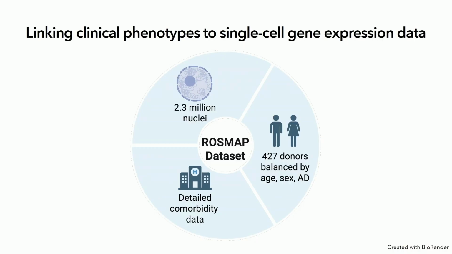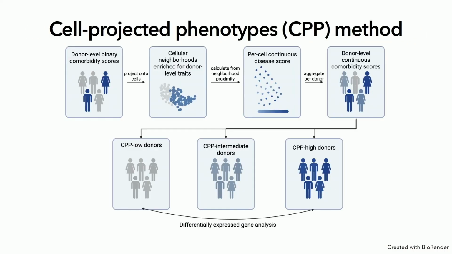To address this, we used the cell-projected phenotypes, or CPP method, developed by our collaborator, Riley Mangan. CPP uses information from all donors to determine what gene expression pattern is associated with a comorbidity. Each cell is scored based on how strongly its gene expression matches that pattern.